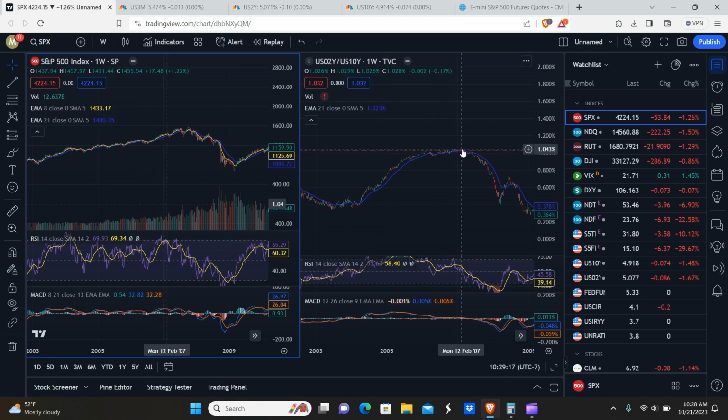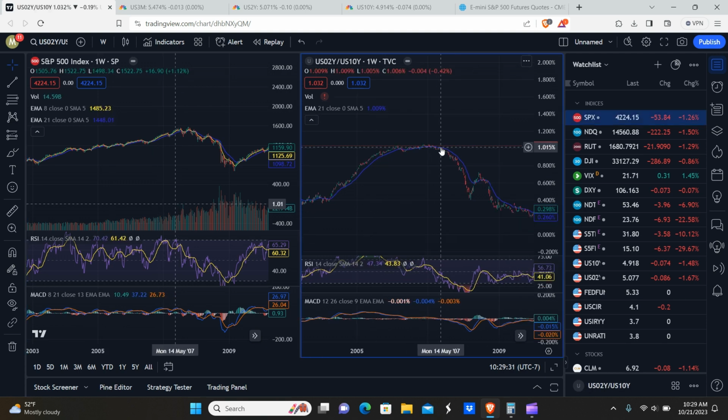So basically here in February of 2007, we didn't really see much going on. And then right about here in July of 2007, the yield curve uninverts. Once again, you can see that things didn't really play out immediately.